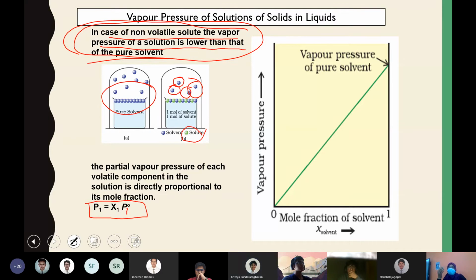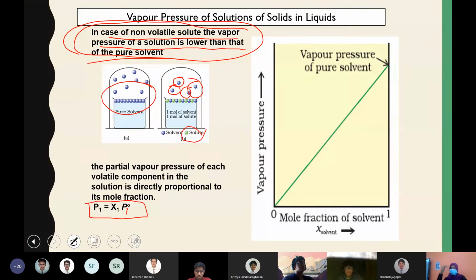What do you think will happen to the vapor formation when the temperature increases? At higher temperature, vaporization will be more or less? It'll be more, right? So vapor pressure should be increasing. You might have seen that last year we discussed boiling point, and we defined boiling point as the temperature at which the vapor pressure of a liquid equals the atmospheric pressure.